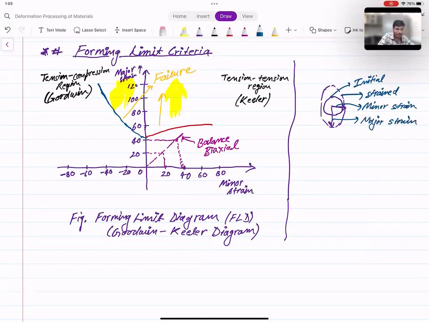This is how the deformation of grids is measured.